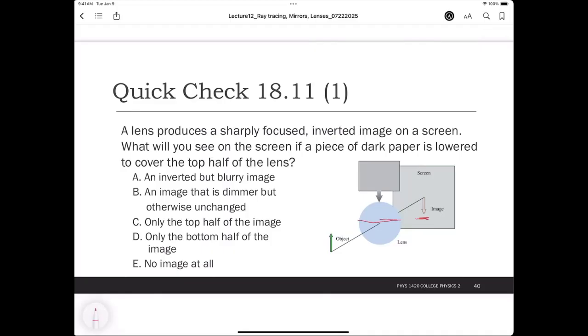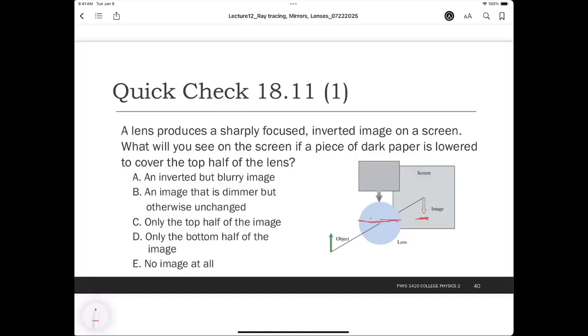A, an inverted but blurry image. B, an image that is dimmer but otherwise unchanged. C, only the top half of the image. D, only the bottom half of the image. E, no image at all. Which one? It just covers the top half.